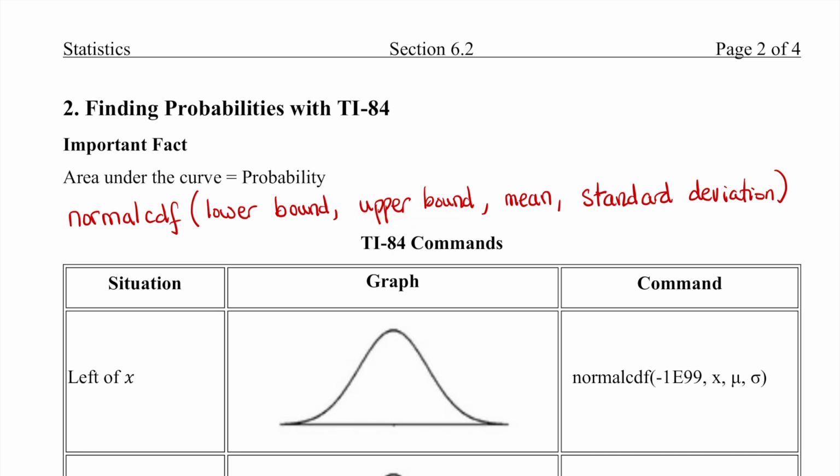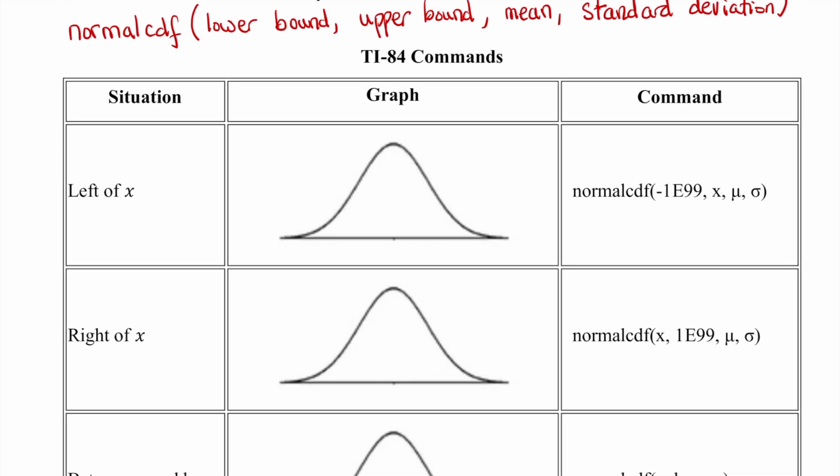Let's start with the area to the left of a value. Suppose we have a normal distribution, and x is a value on this horizontal line. We want to find the probability that a randomly selected value is less than x.